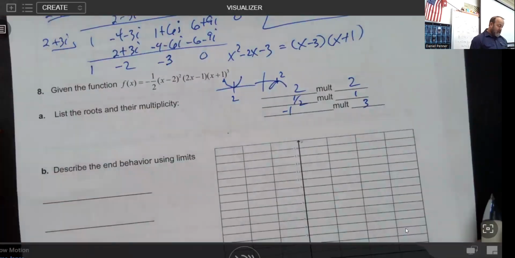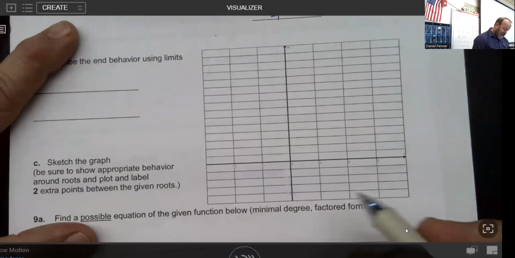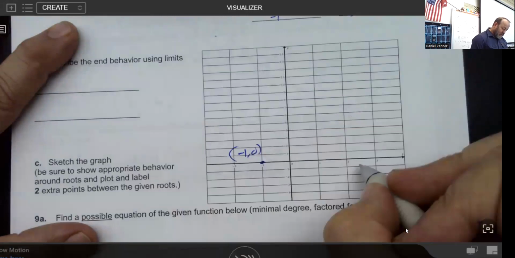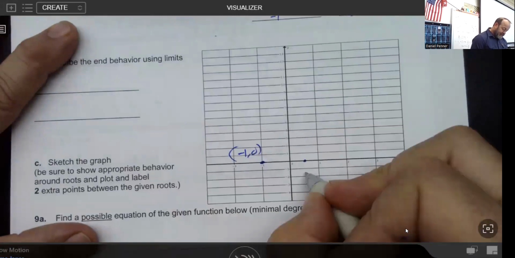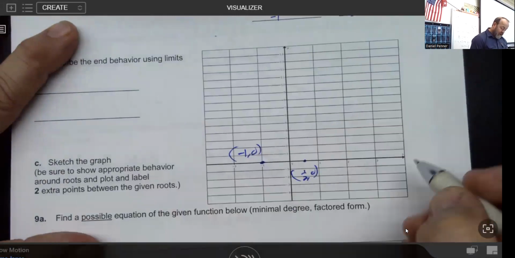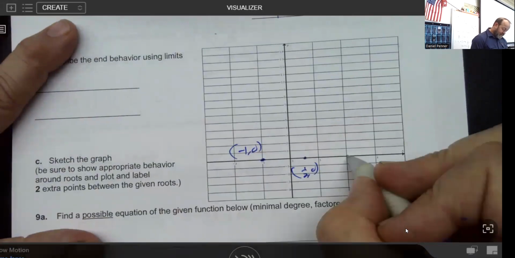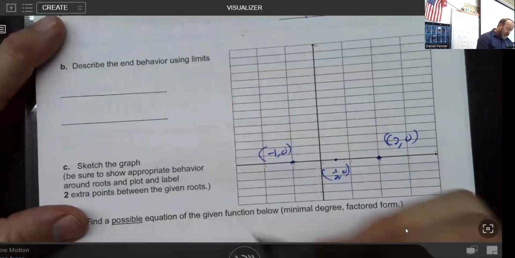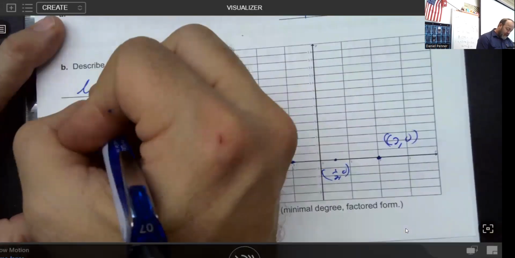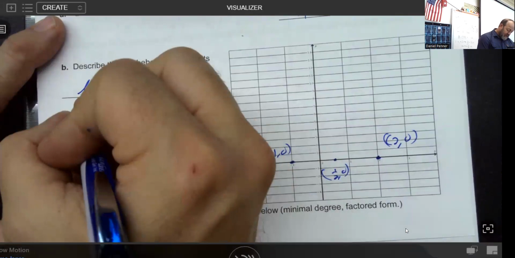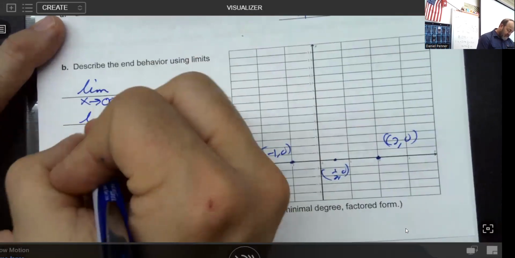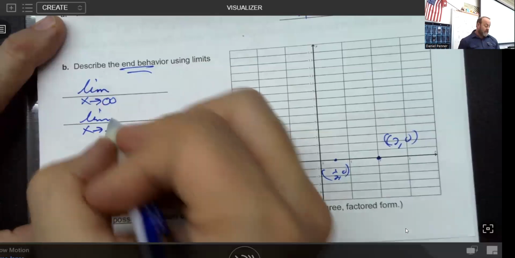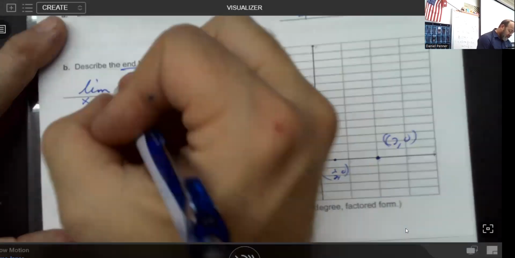So coming down to here, I'm going to put a root at negative 1. I'm going to put a root at 1/2. And I'm going to put another root out here at 2. Now, I also know that based on the powers of everything, when I take a look at the limit as you go to infinity, remember end behavior is talking about limits as you go to infinity performed on f of x.